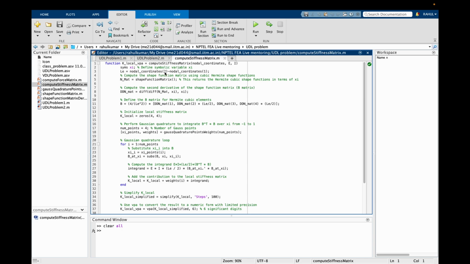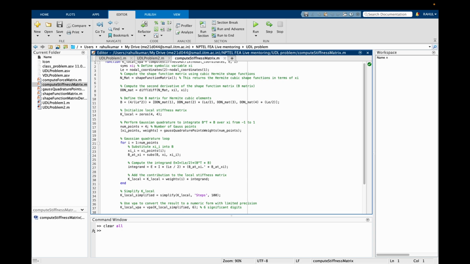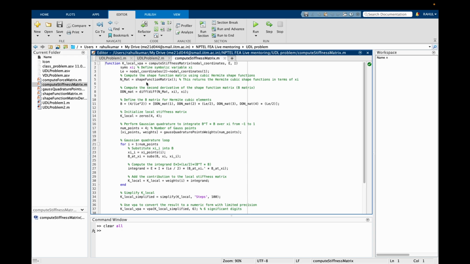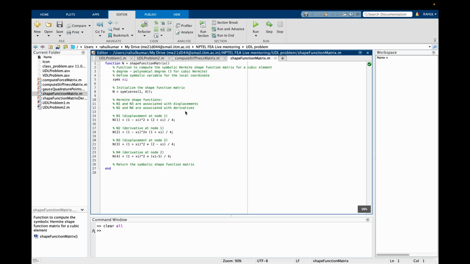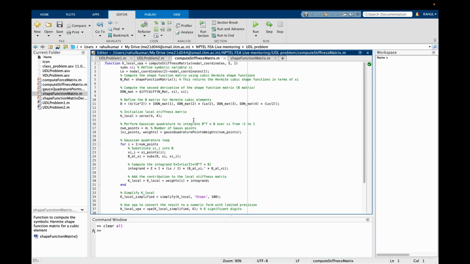It takes the second coordinate x2 and x1, and this is nmat. This is nothing but the shape function matrix, the Hermite cubic polynomial, so these are n1, n2, n3 and n4, which I have already shown.